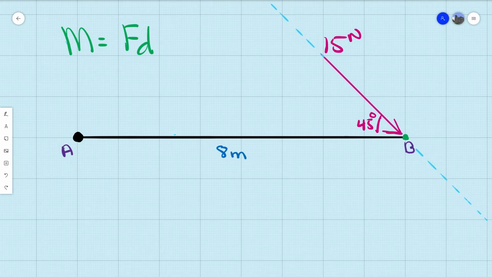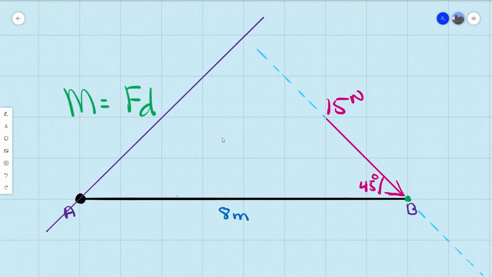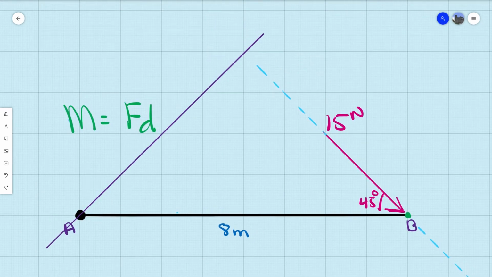That is its line of action. And we want the perpendicular distance between our point of interest, is this distance here. This distance right here. This is D. Use a different color. That distance is D.